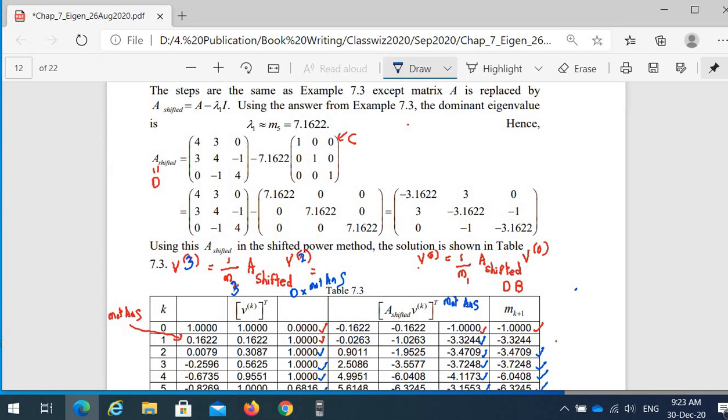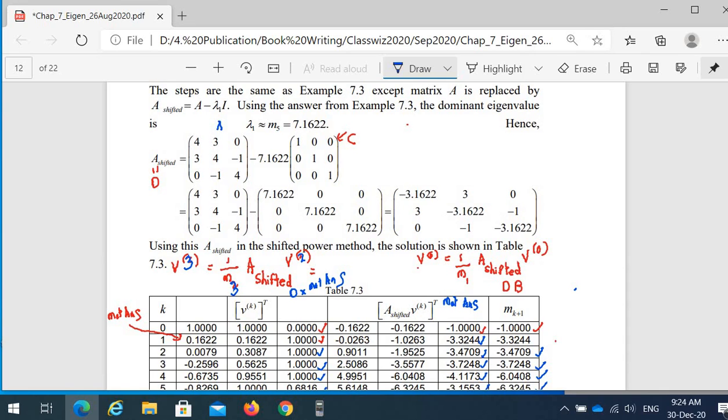A, I store in A, and then the identity I store in C, or you may do it manually. If you do it manually, then if you want to store this in C, you also can. Okay, but I purposely show you the operation in matrix view.